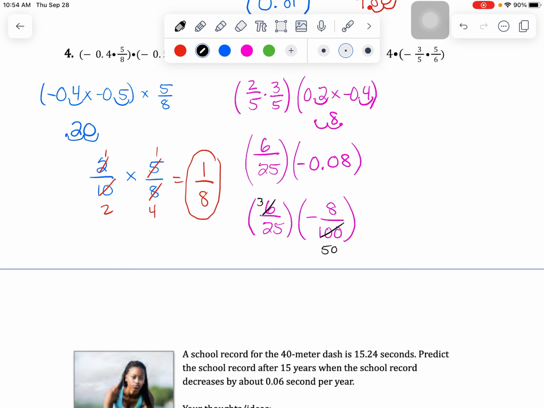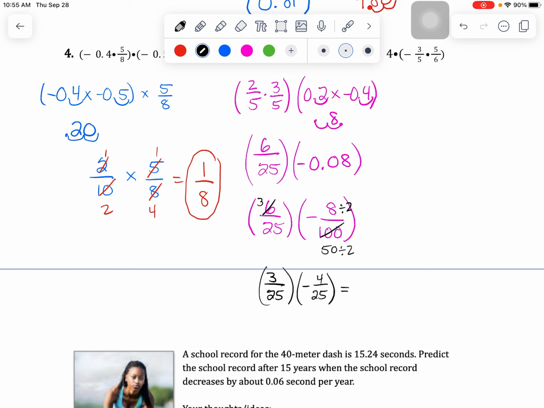So if we multiply, we end up getting, oh, I actually can simplify. I'm going to simplify the fraction on the right. So I have 3 over 25 times, I can divide these by 2. So that's going to become a negative 4 over 25, right?